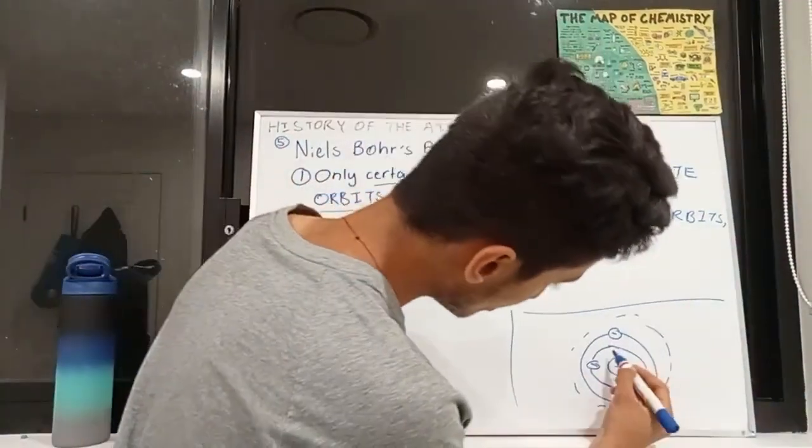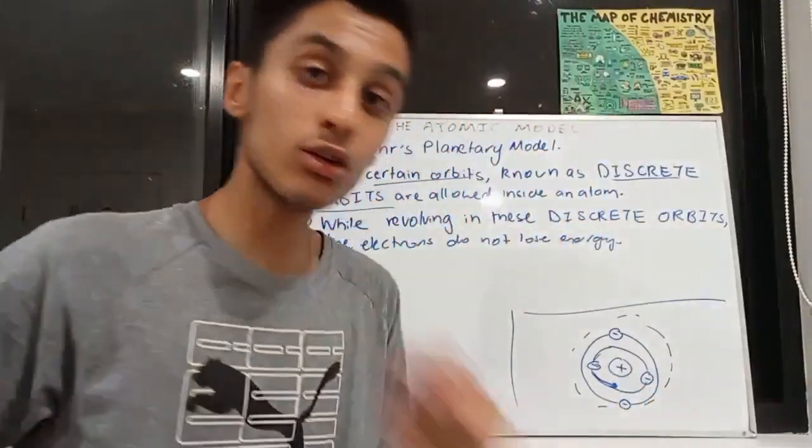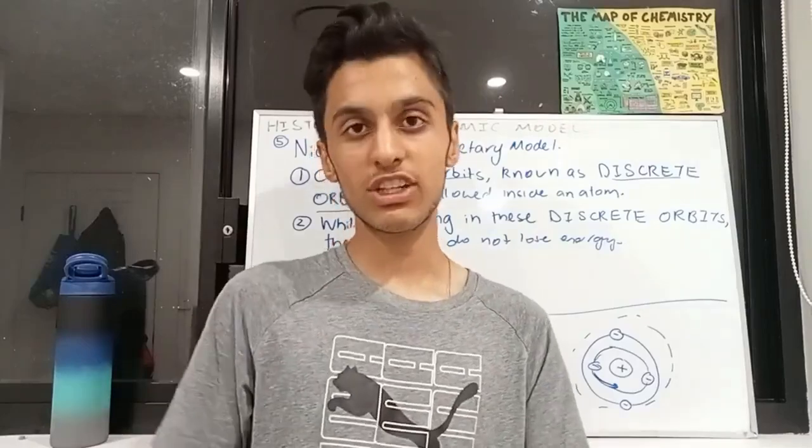So, in these discrete orbits, while they revolve, they're not losing any energy. Now, I know you may ask, okay, well, what's the proof? He just made it up.